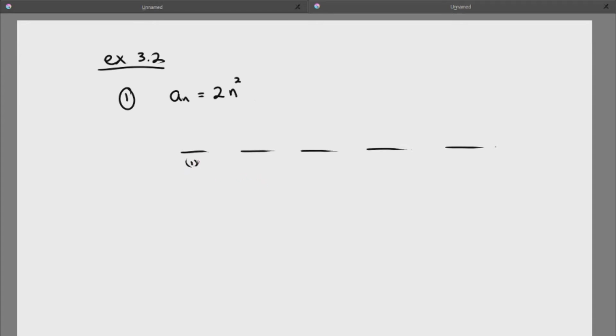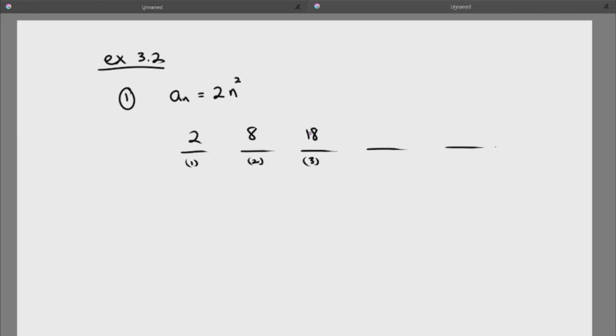So in this case, for position 1, the term is 2. Second term, n is 2, 2 times 2 is 4, times another 2 is 8. Third one, 18.